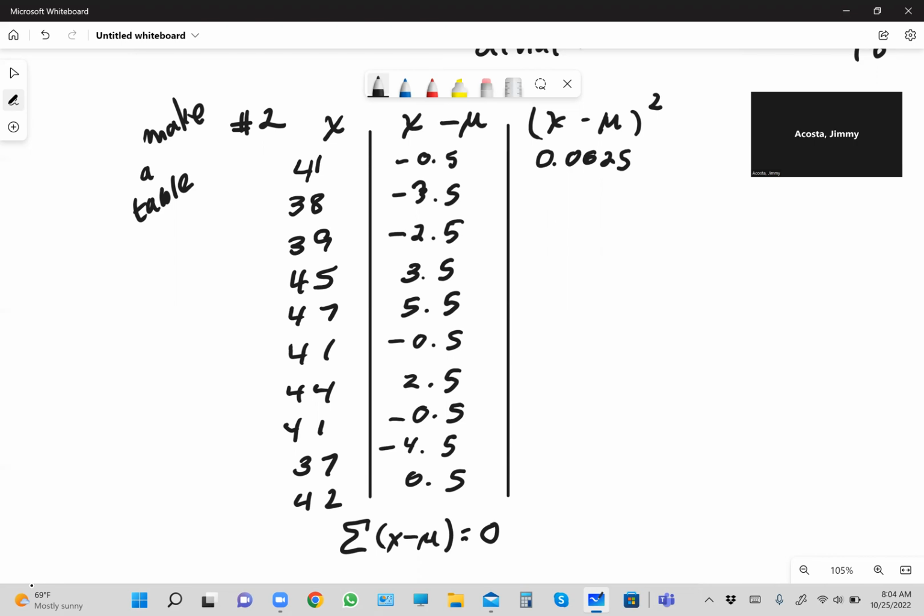What on earth? Oops. So what happened is I'm using this phone calculator.